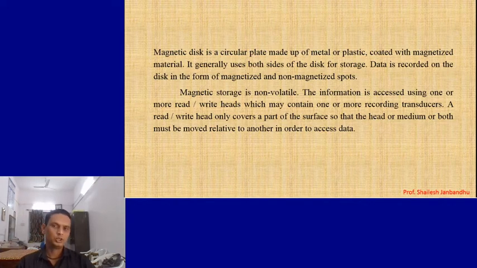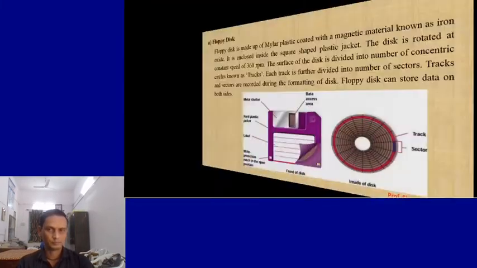But magnetic storage devices have the capability to store the data even if the computer system is turned off. It is accessed using one or more read and write heads, which may contain one or more recording transducers. A read-write head only covers part of the surface, so the head or medium or both must be moved relative to one another in order to access data.